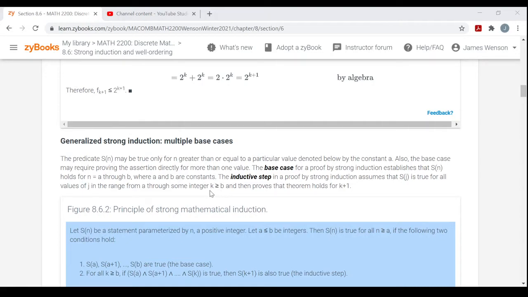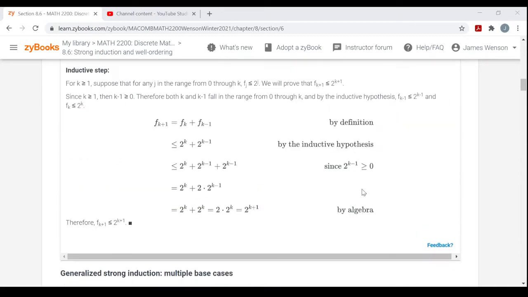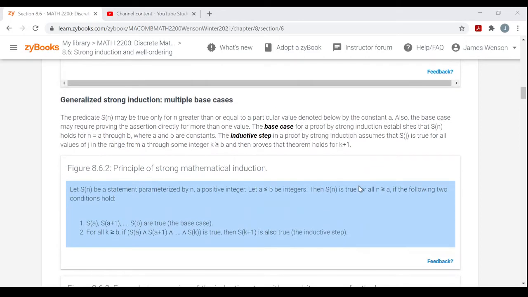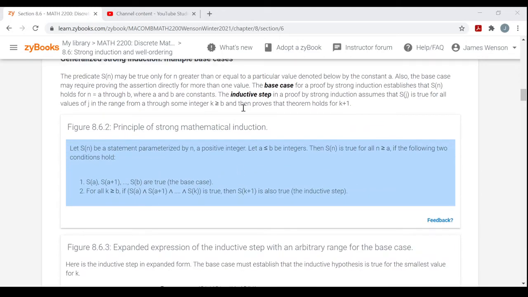So for all k greater than or equal to b, S of j is true from the first base case all the way up to k, and then proves that the theorem holds for k plus 1. So again, kind of like what just happened up here in this proof. And they're rehashing that here.